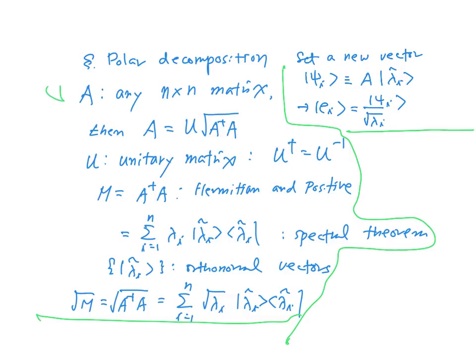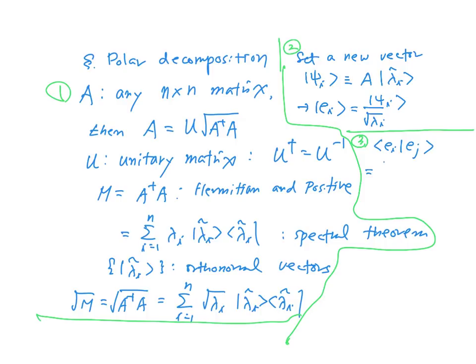So this is 1, this is 2. And let's check the properties for e_i. So e_i, e_j, see what happens.